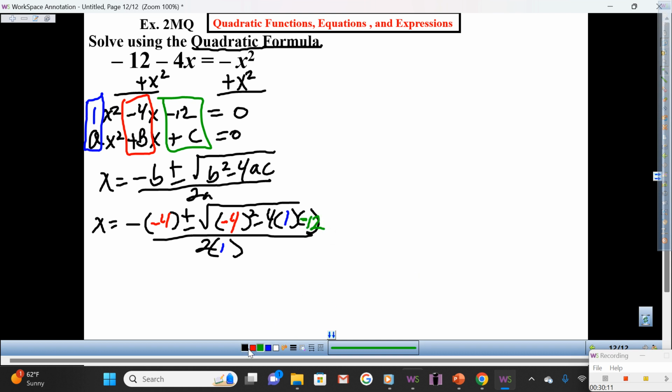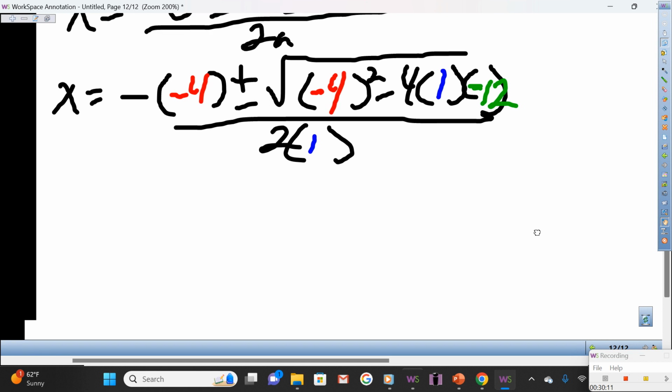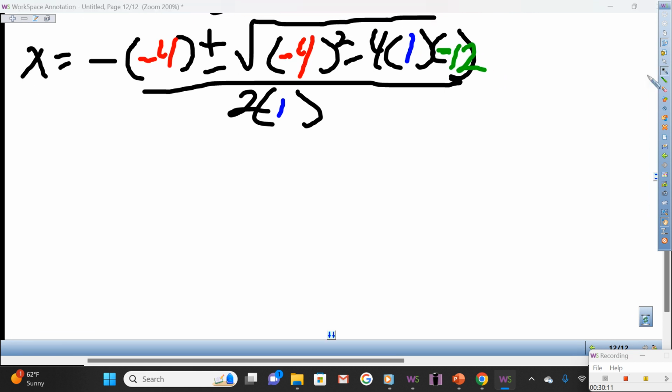Okay. So let me zoom in so you can guide me through the rest. All right. X equals positive 4.